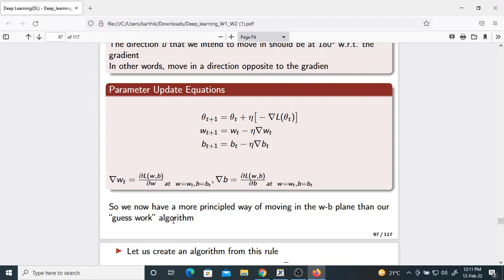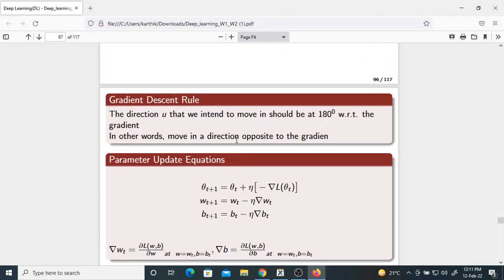Now we have a more principled way of moving in the w-b plane than our guesswork algorithm. Based on this algorithm, we will go to a region where the error is very minimum. This is the updation rule. This is how we update the parameters, moving in the opposite direction of the gradient with respect to the variables.